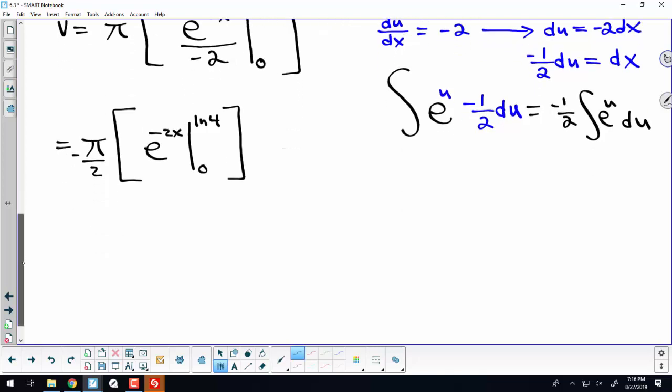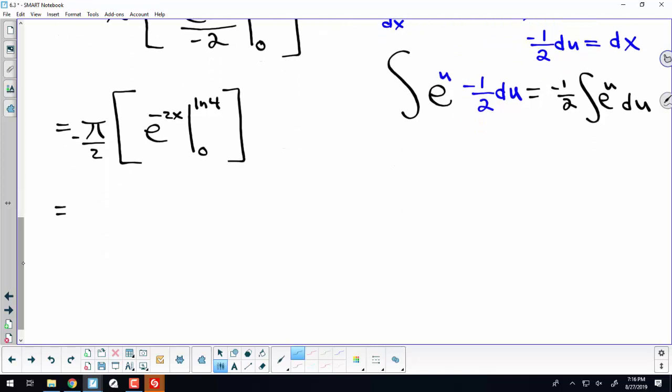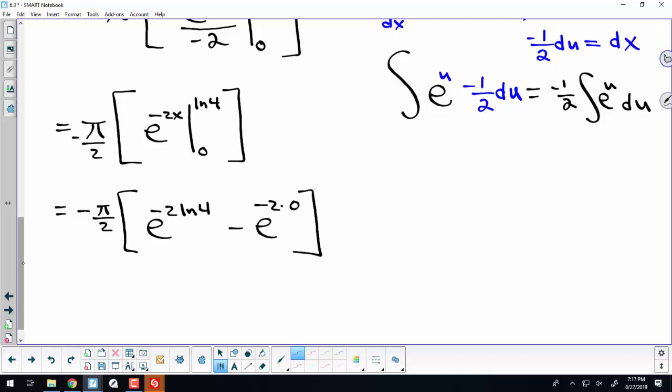Okay, I'm going to go down here. So what do we have? We have negative pi over 2 times e to the negative 2 ln4 minus e to the negative 2 times 0. What's e to the negative 2 times 0? What does that give us?